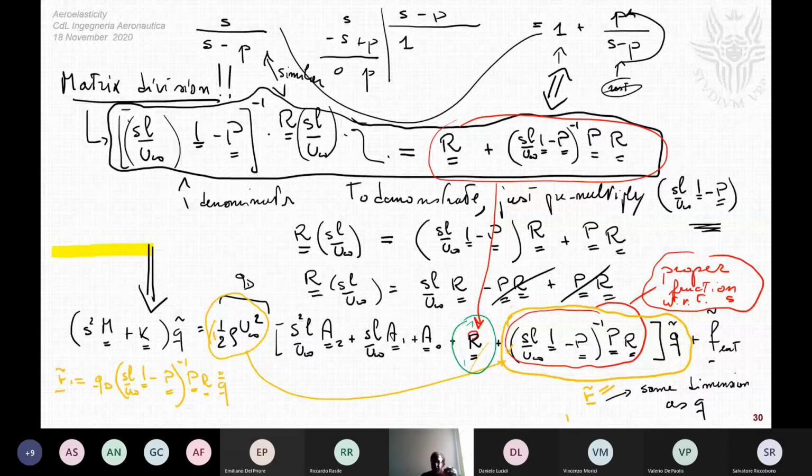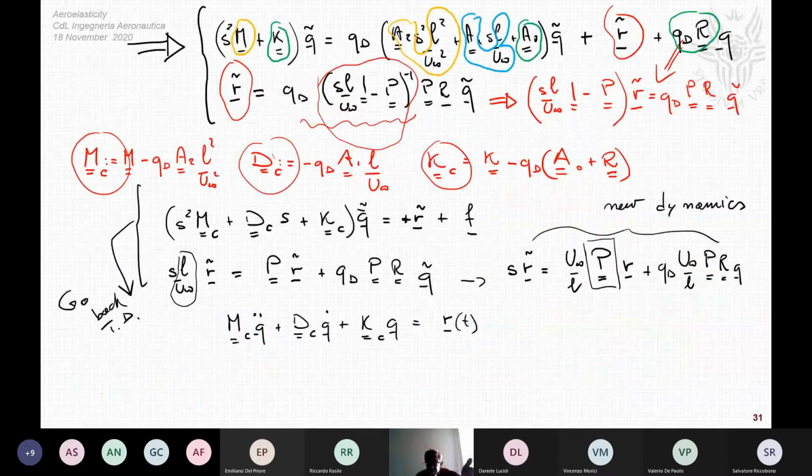Okay, so in this kind of model for the unsteady finite state aerodynamic, we have an added aerodynamic vector with the same dimension of the state vector for the structural dynamics. The vector for the structural dynamic is the vector Q. Okay, so R has the same dimension of Q, as you can see here.